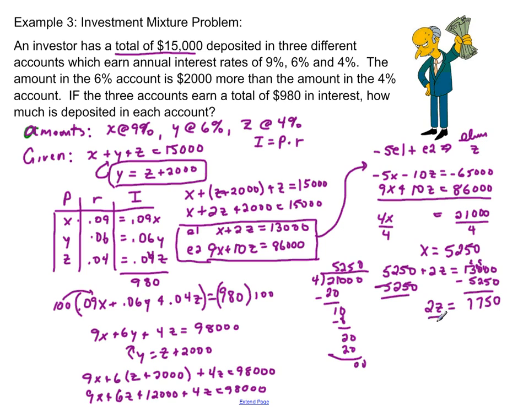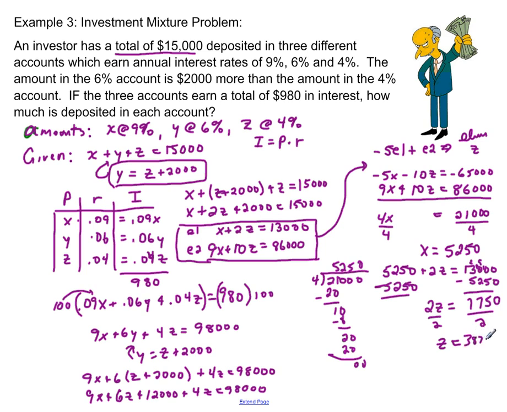So I have to divide that by 2. 2 goes into 7,750. Z is equal to 2 into 7,750 gives us 3,875. I won't bore you with all the details.